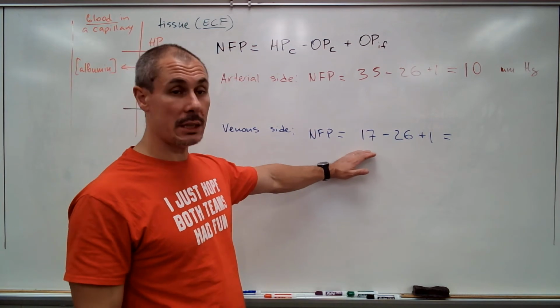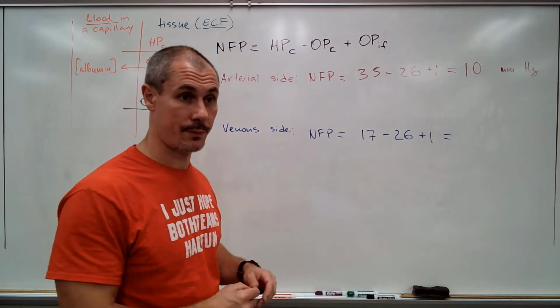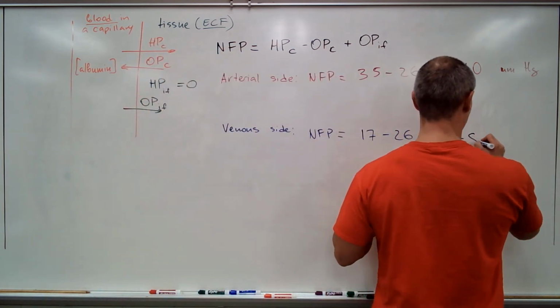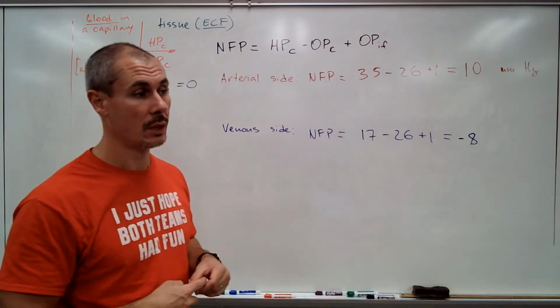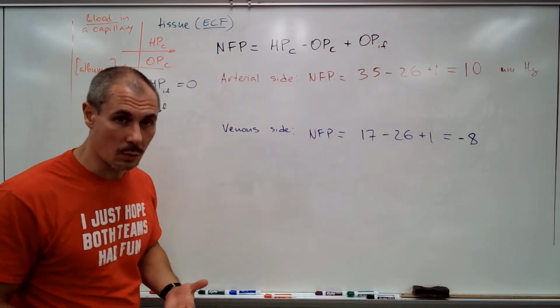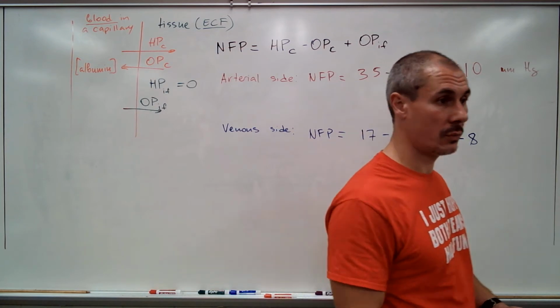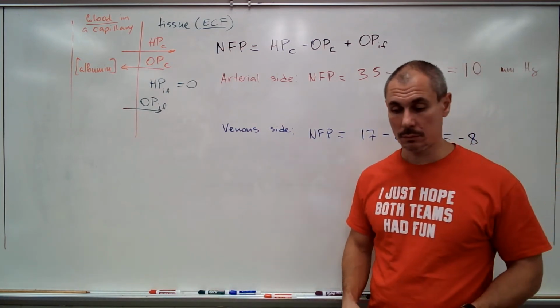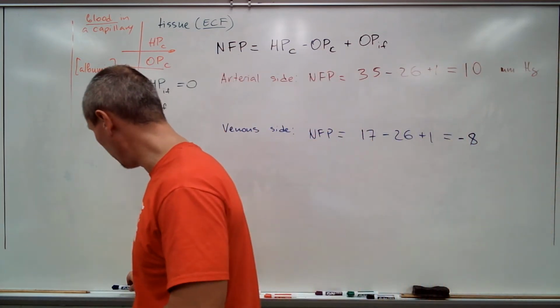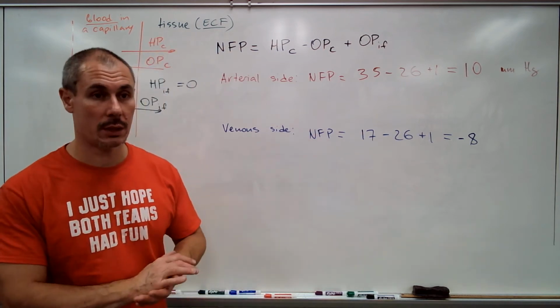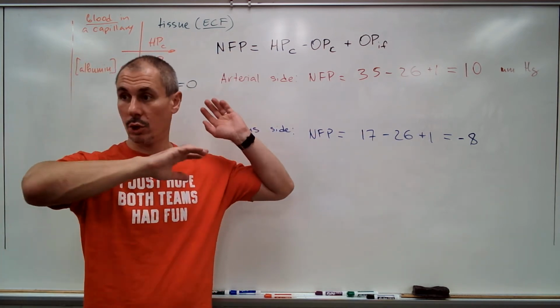You've got 18 minus 26. And it's negative 8. Okay? Now, what does that mean? What does that mean physiologically? Now look. I'm going to wait till you write it down, and then I want you to put okay. Can you all look at me?